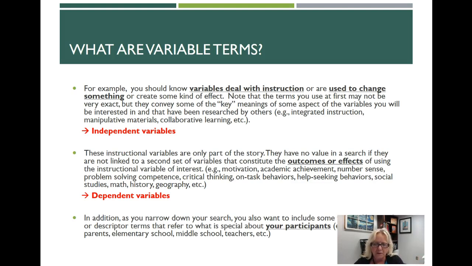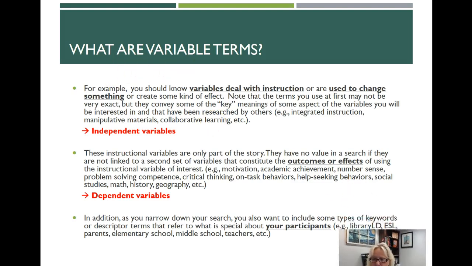And to help you with your search, you can also look at your participants. Your participants are probably going to be your students, could be library students, ESL students, or parents, looking at what they do that has an effect on your students.